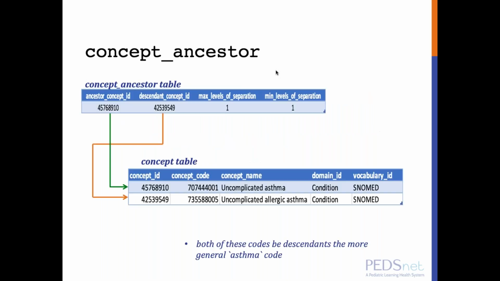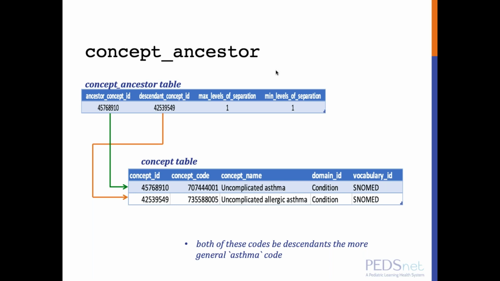And so we have an example of that here, where we see that uncomplicated asthma has a descendant within the same vocabulary of uncomplicated allergic asthma. And the degrees of separation are also listed within this table, so you can understand just how many steps you have to take to get from one concept to the next.